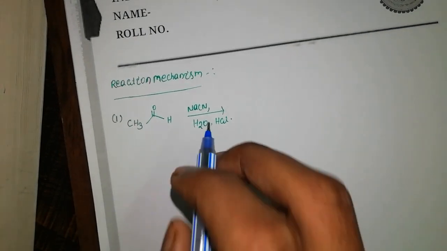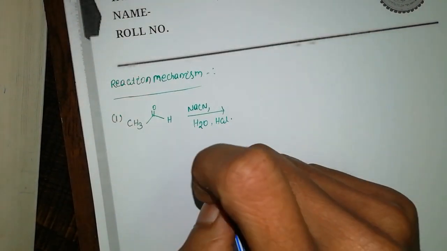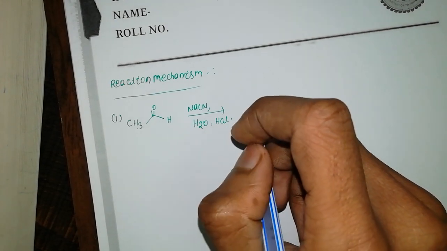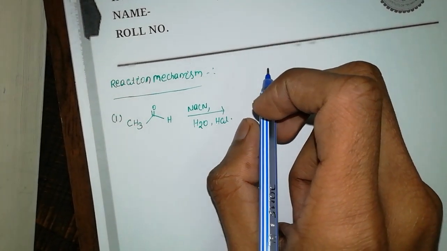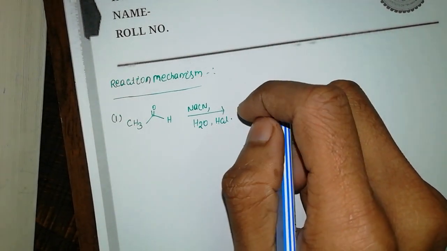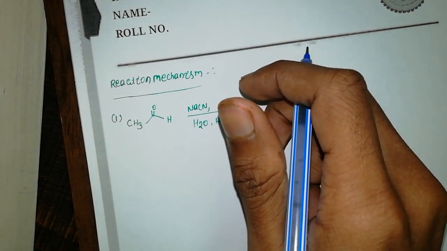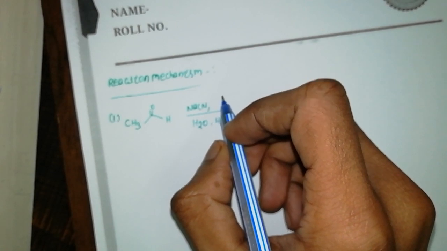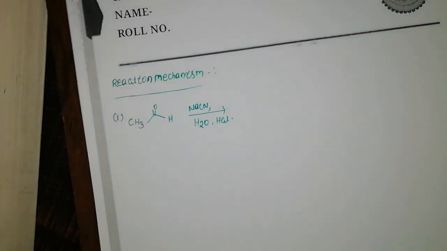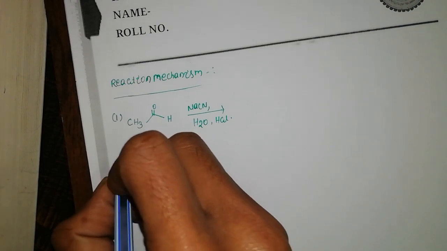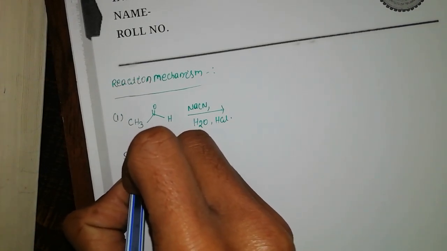We need to find out what will be the solution. First of all, what we need to know is the attacking reagent, that is NaCN, which attacks the carbonyl compound, that is acetaldehyde. So let's begin.